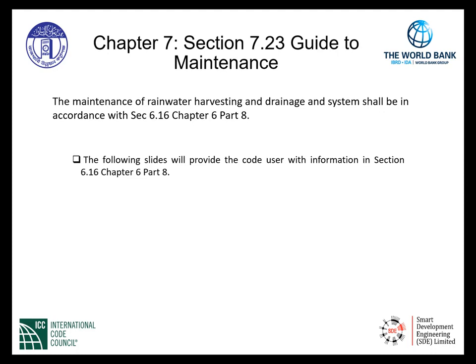7.23, Guide to Maintenance. The maintenance of rainwater harvesting and drainage systems shall be in accordance with Section 6.16 of Chapter 6, Part 8. The following slides will provide the code user with information contained in Section 6.16, Chapter 6, Part 8.